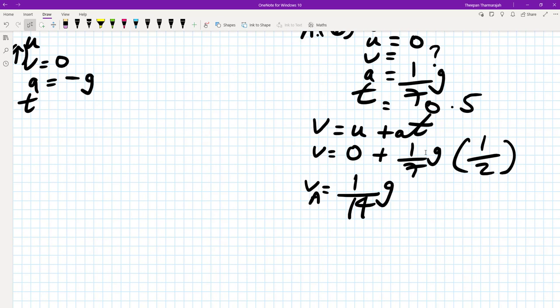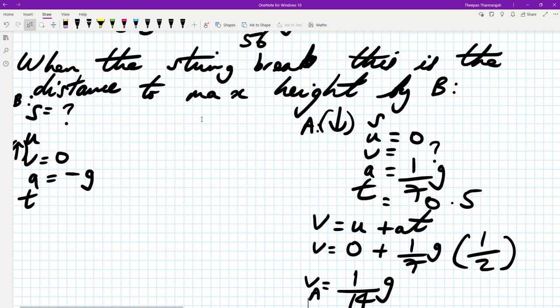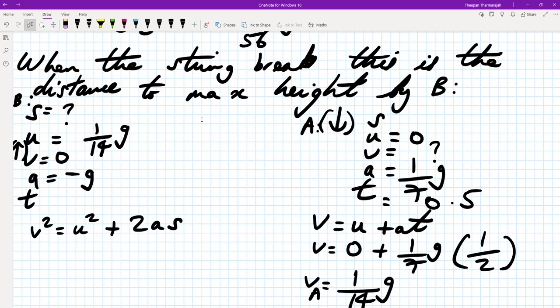Now the final velocity of A will become the initial velocity of B. So we can plug that in here. So this is 1/14 g. Now we're trying to work out the distance to maximum height when the string breaks. So I'm going to use v squared equals u squared plus 2as.